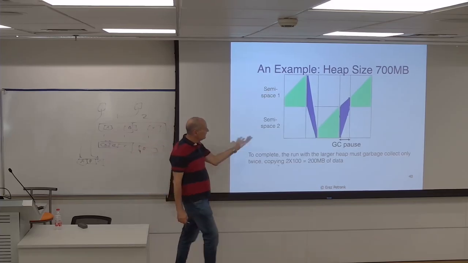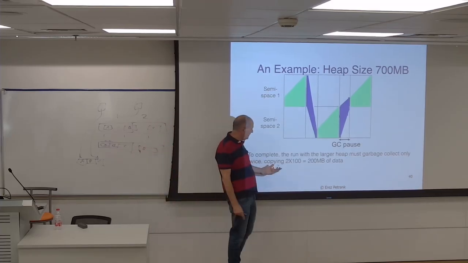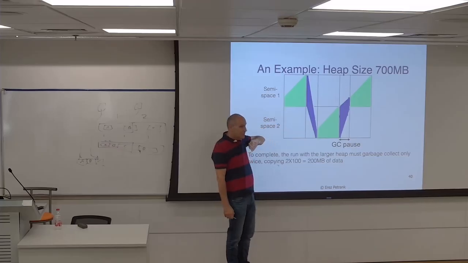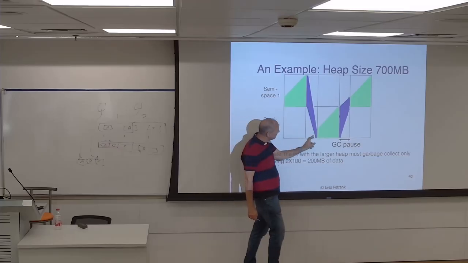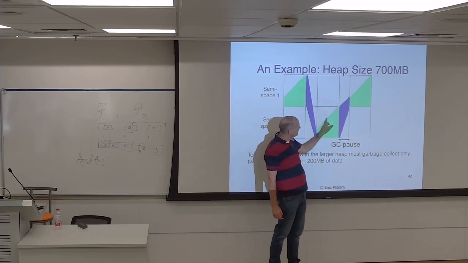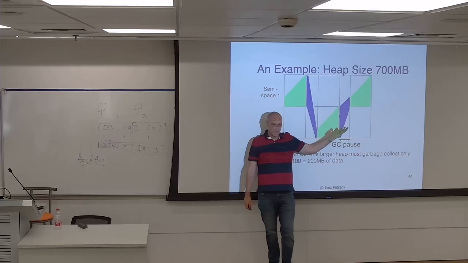Now, if I look at a larger heap, suppose now the heap is 700 megabytes. In this case, I start with this 100 and I can allocate 600 megabytes between collections.